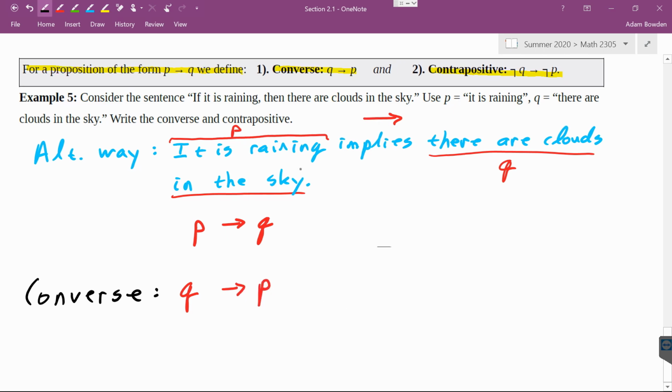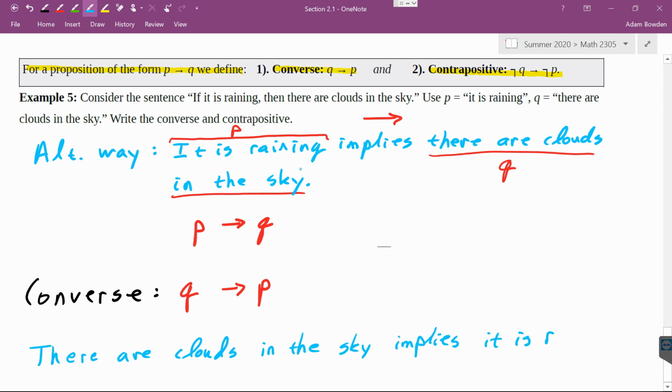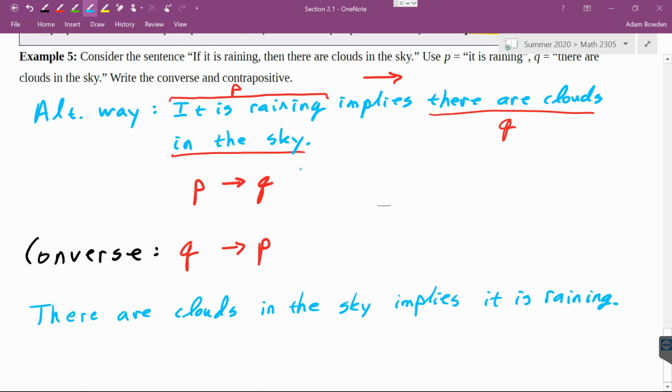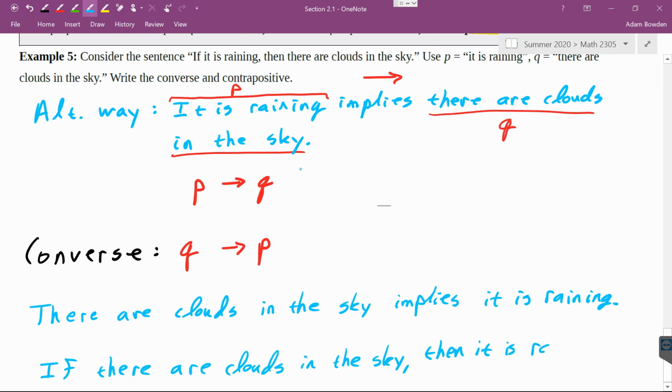So we would read that out as there are clouds in the sky implies it is raining. Or another way of saying it is if there are clouds in the sky, then it is raining. So it's the other way around from the original statement with the if-then.